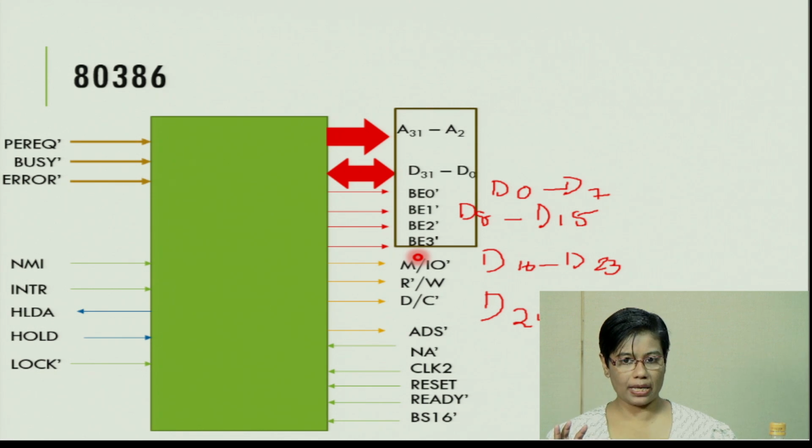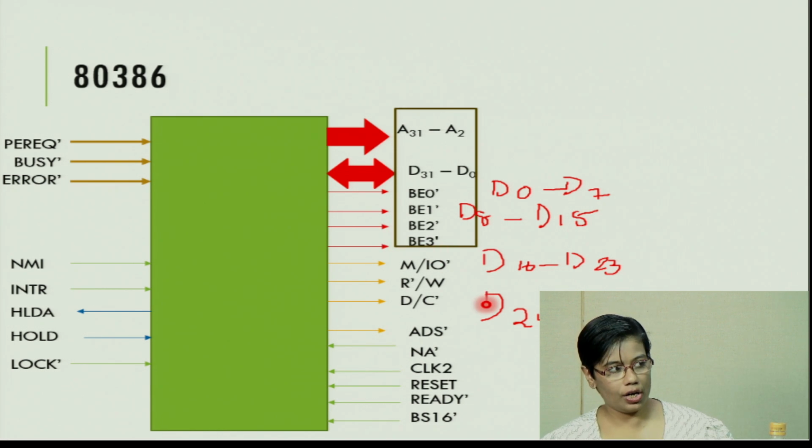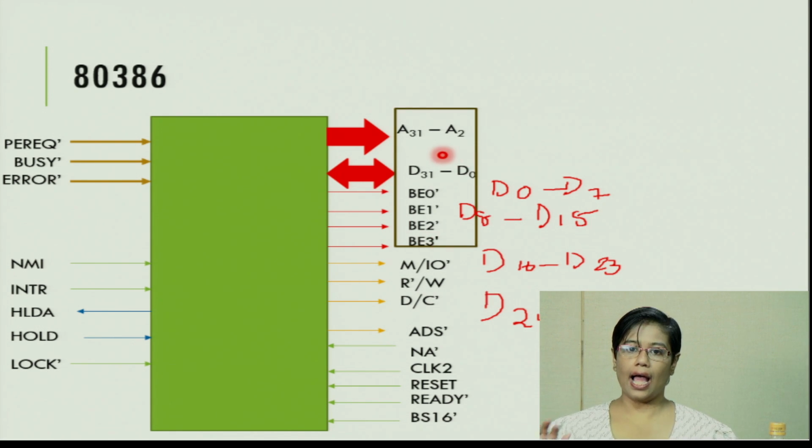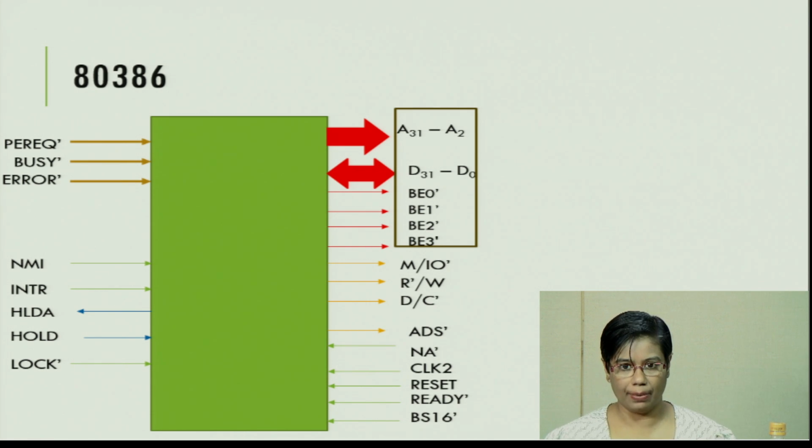Instead you have four bank enable signals: BE0 associated with D0 to D7, BE1 with D8 to D15, BE2 with D16 to D23, and BE3 with the higher order data bus D24 to D31. Okay, so these are the address and data lines. Again, if you note, they are demultiplexed. So the address lines of 80286 as well as 80386 are both demultiplexed.